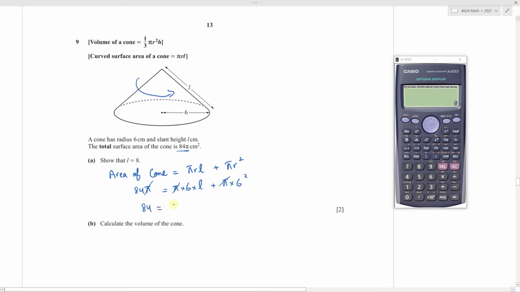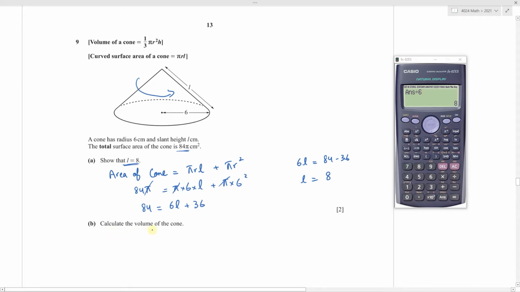I'm left with 84 equals 6L plus 36. And this will give me 6L equals 84 minus 36, and L will be 84 minus 36, 48, and then divide by 6. So L is equal to 8, that you have to show.